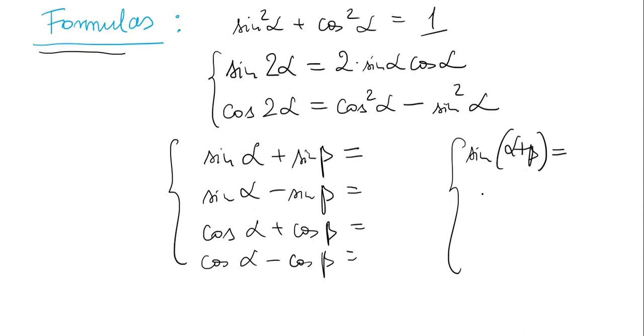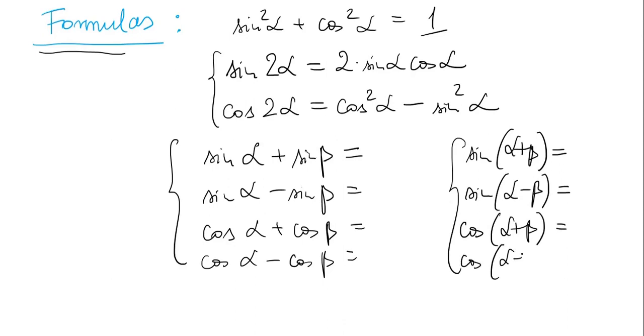I hope you see the difference. And the sine of subtraction, sorry. Then you have cosine of sum and cosine of subtraction. So you might come across some more difficult equations where you will need to use those formulas.